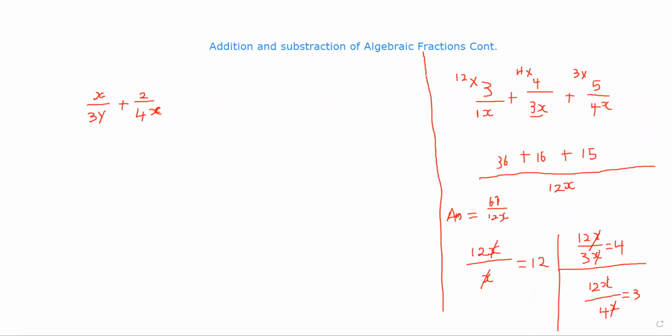All right. So again, we find the LCM for the two numbers. This is how you do it. 3 and 4, the LCM for 3 and 4 is 12. Then we look to see what terms we are dealing with.